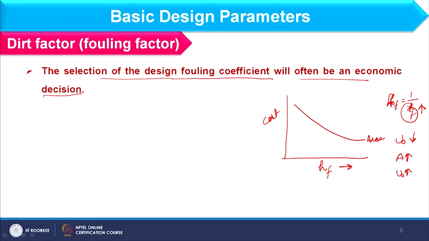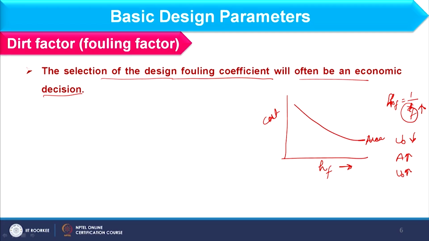Now, if I have lesser heat transfer area, it will have more and more tendency to foul again and again. What is the meaning of that? If I have lesser area, it will be fouled in less time.